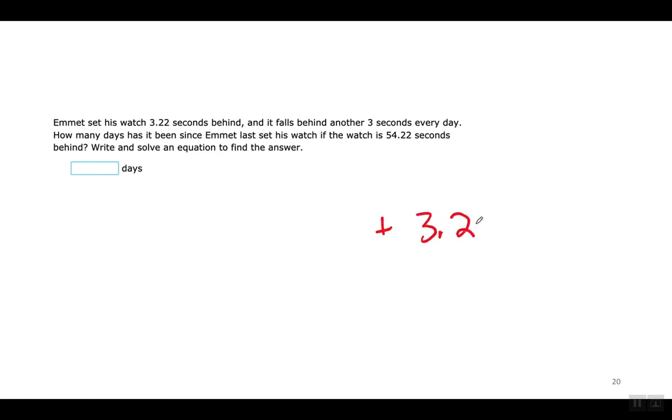You know what? Maybe I'll just do it one way to not confuse anybody. Ok, dice que M pone el reloj 3.22 segundos atrasado y el reloj se queda más atrasado 3 segundos cada día. Así que ya está 3.22 segundos atrasado más 3 más segundos atrasado cada día.